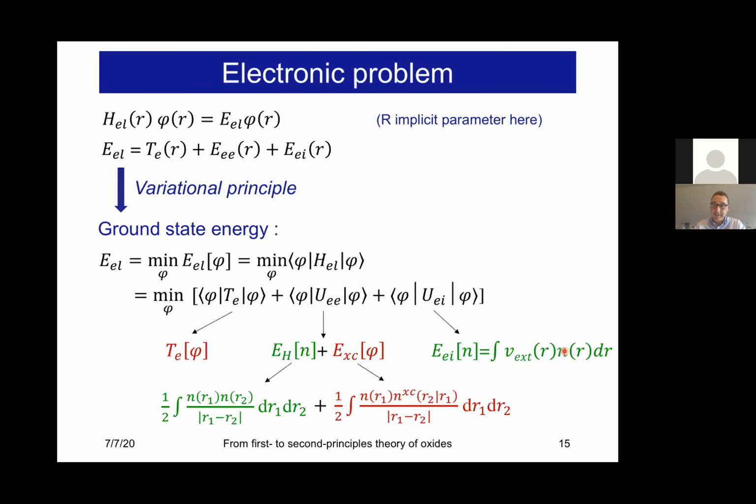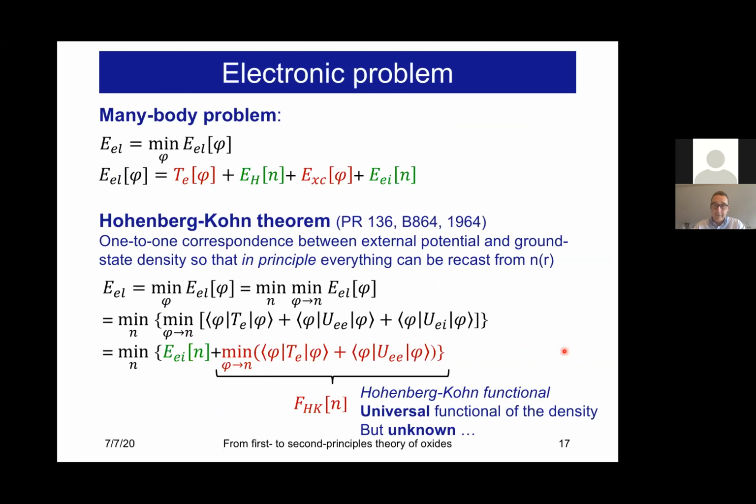Only the density is important. So thanks to that, these terms can go out of this minimization, and I can recast this energy here as a minimization over the density of this term here, plus a minimization over all the phi that give me a given density of these two quantities here.